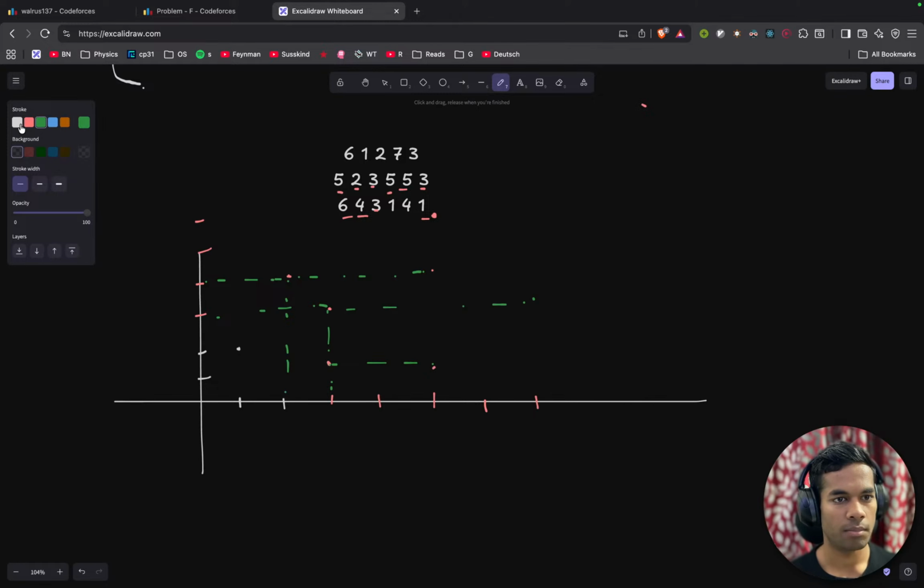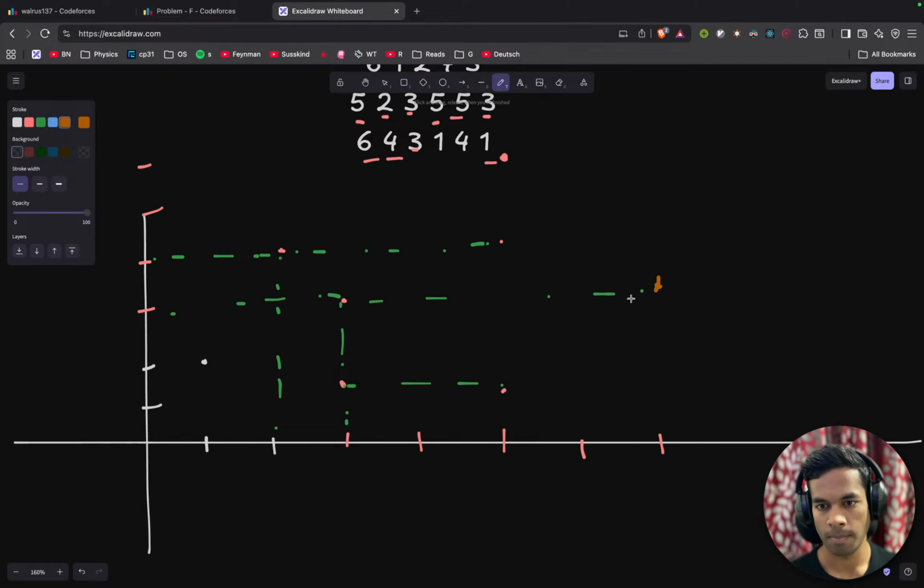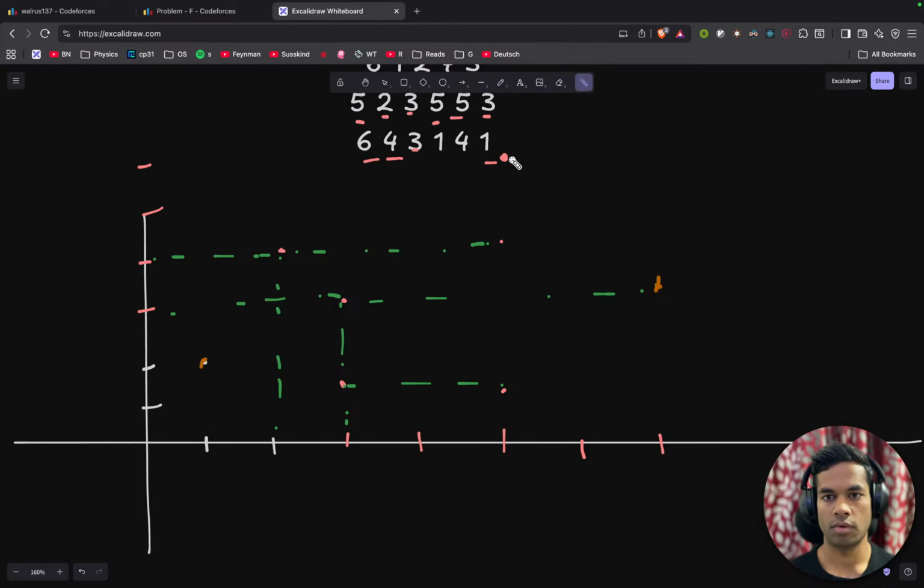So we begin from this point and we have to get to this point. In this layer there is only one point, so we must go this way. Then in the next layer, we can directly go to this point like this, and then down here, and then this, then this.